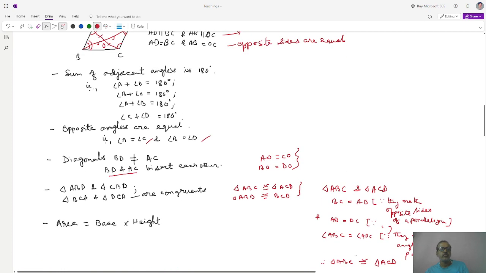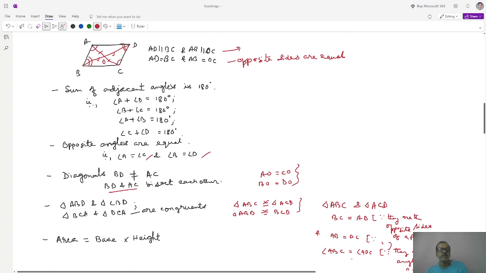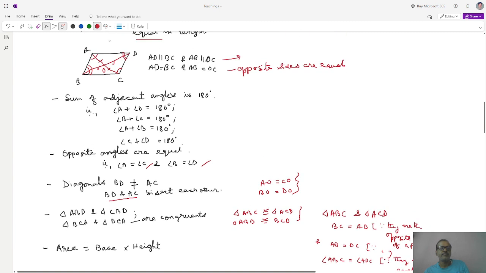Now, how do we calculate the area of a parallelogram? It is very easy.